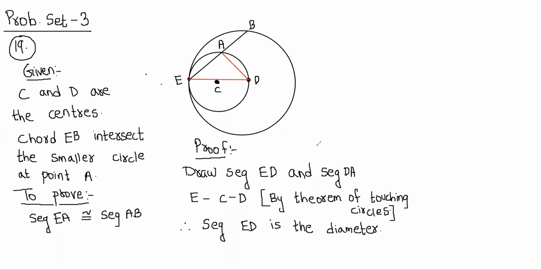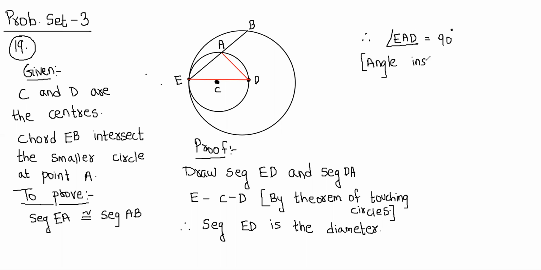So we are writing therefore angle EAD is equal to 90 degrees. In bracket, reason: angle inscribed in a semicircle.